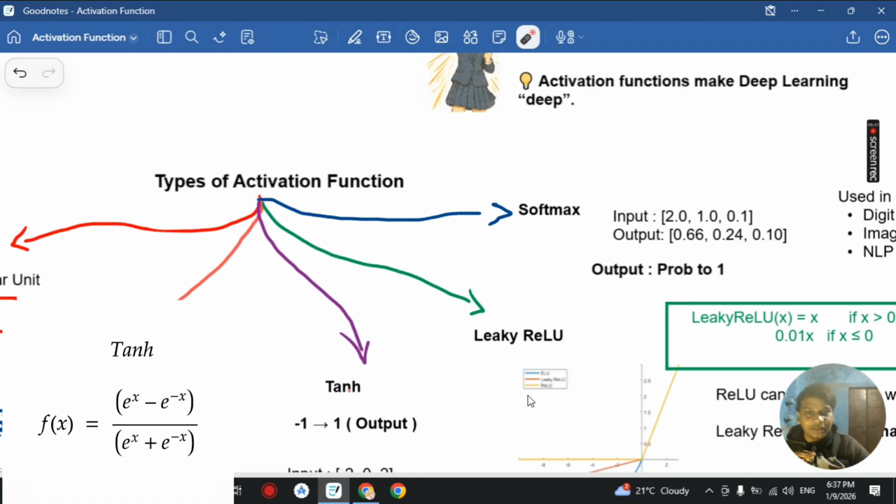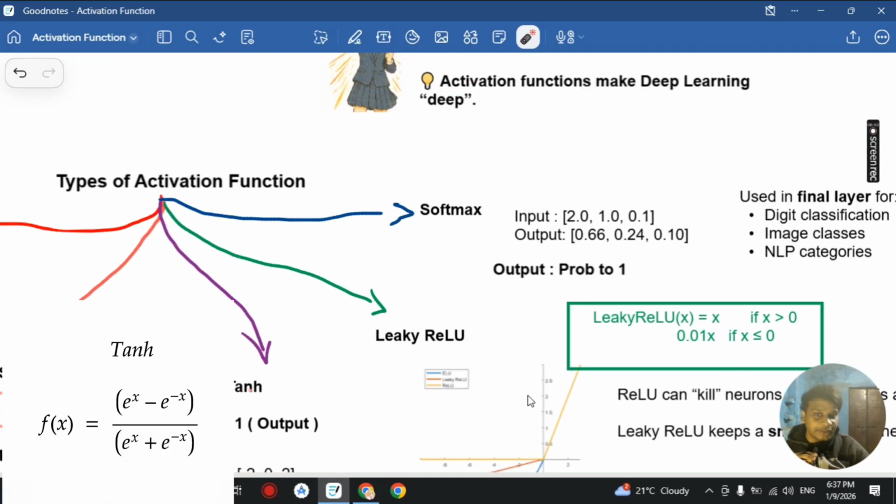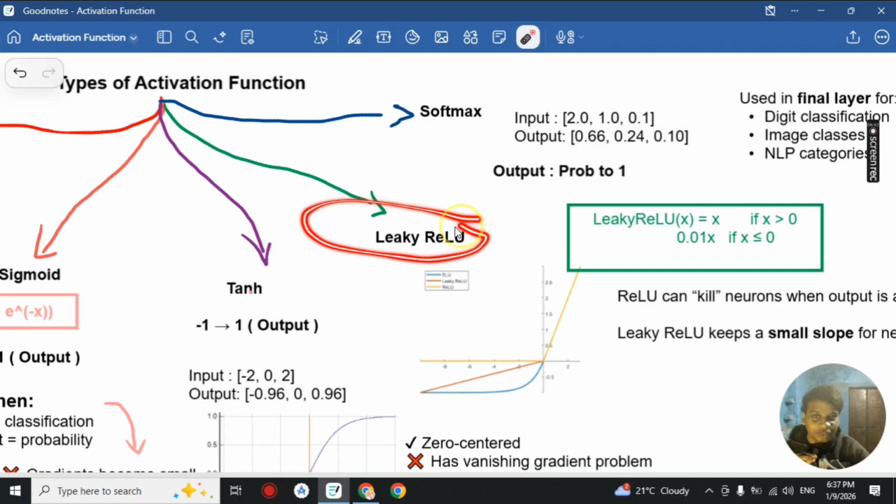Then we have the fourth important activation function called leaky ReLU. Basically it is the same ReLU function, just that it leaks, like water. The ReLU function ignores the whole negative value, but the leaky ReLU function adds a small x value into the negative axis.